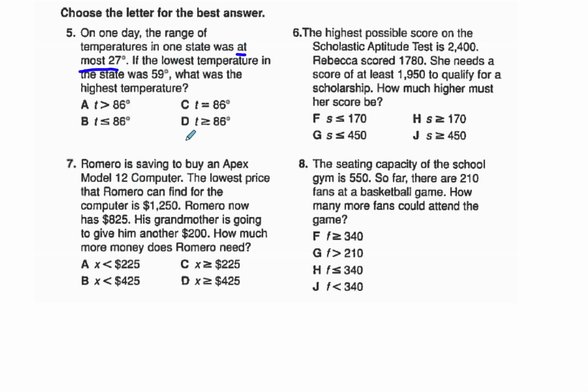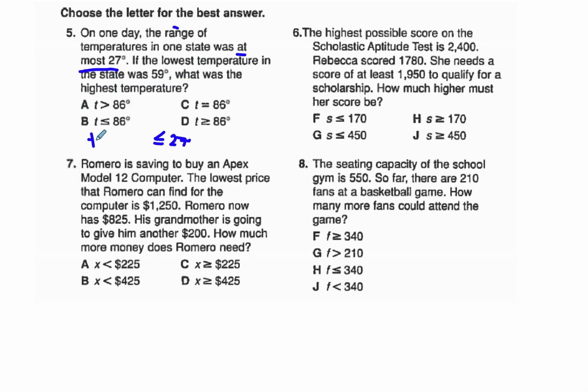Okay, so at most means that we are doing less than or equal to 27. We know range means you subtract. You take the highest minus the lowest. We don't know what the highest is.